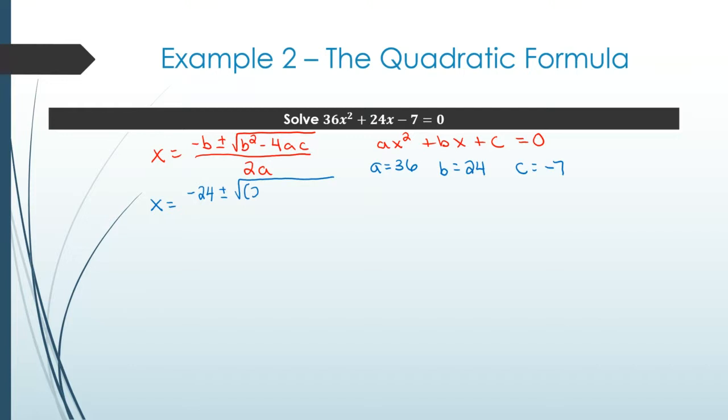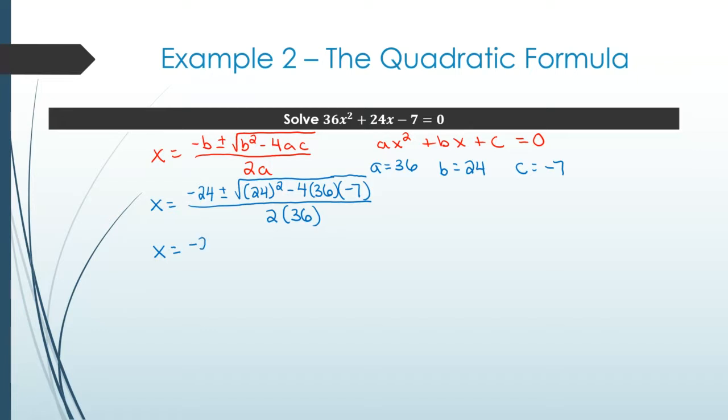So b squared, that is 24 squared, minus 4 times a, which is 36, and times c, which is negative 7. And then all over 2 times a, which is 36. And now we want to simplify this as much as we can in one step so that you don't have tons of steps to write.